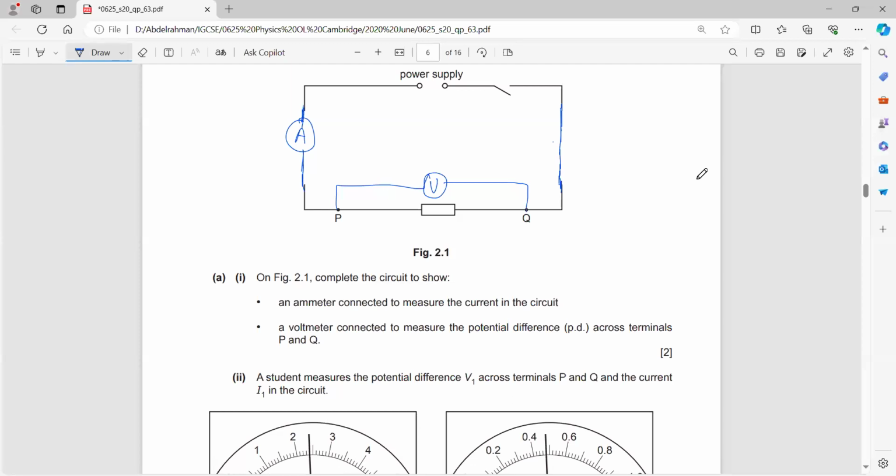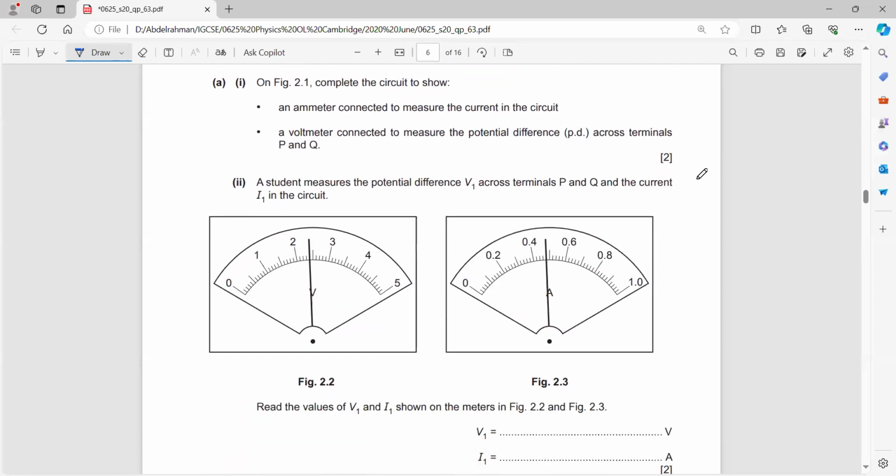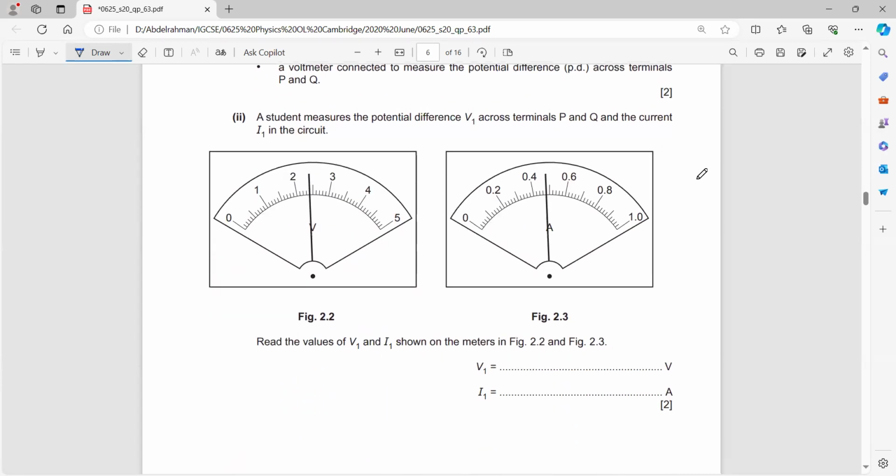Okay, next question. Did anyone say something? Okay, next question. Read the values V1 and I1. What's V1? Someone tell me, what was V1? No, not 2.8, 2.8 is wrong, 2.4 is right. 2.4 volts.